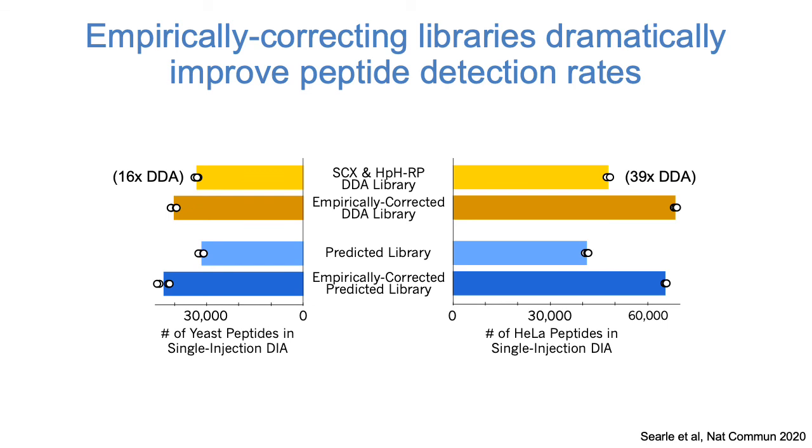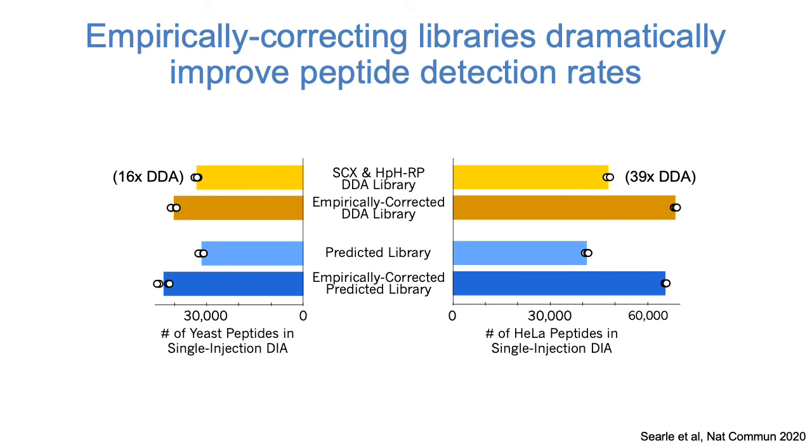But with these libraries, which again only require 6 injections and 6 micrograms of a sample pool, we can achieve excellent results. Compared to sample-specific DDA libraries using offline fractionation in yellow, we can use the 6 gas phase fractionated injections to essentially empirically correct this library with more exact retention times and fragmentation patterns in orange, and achieve higher detection rates in both yeast on the left and human cells on the right.